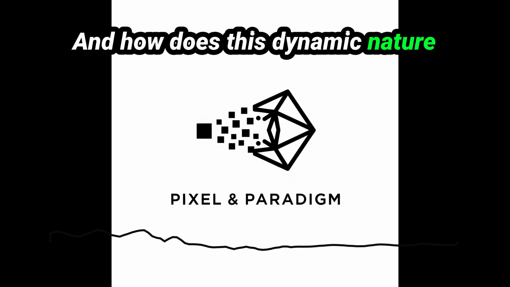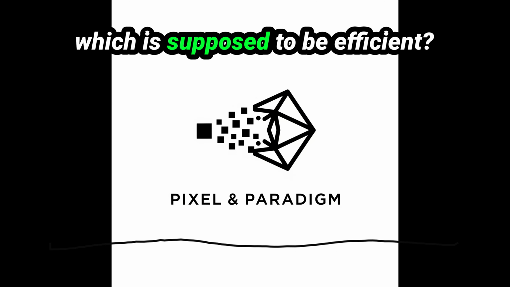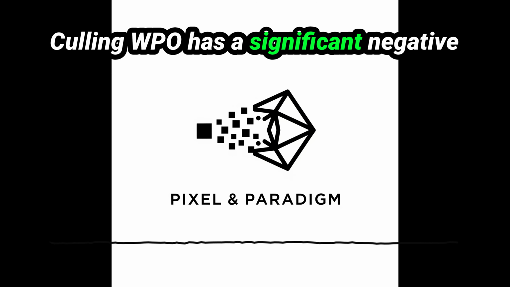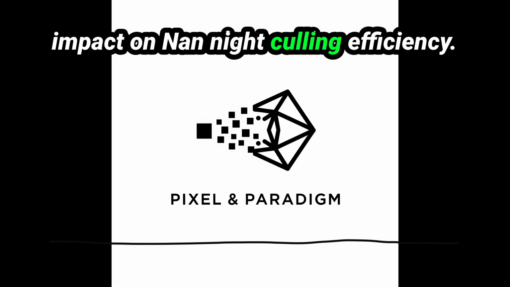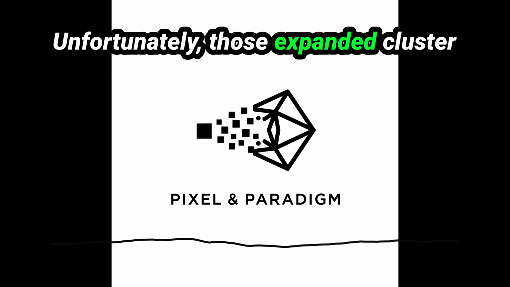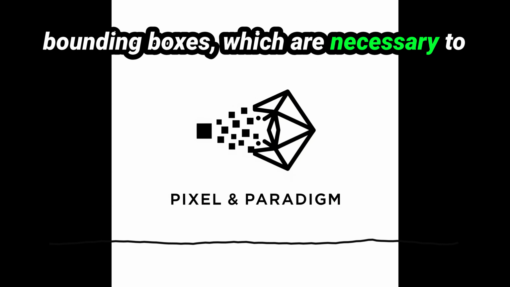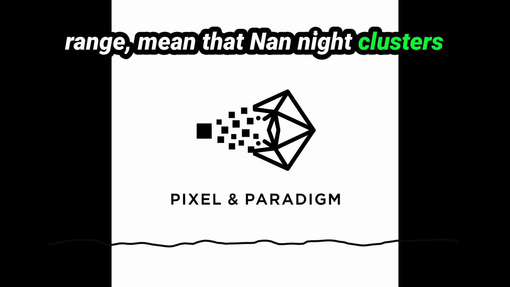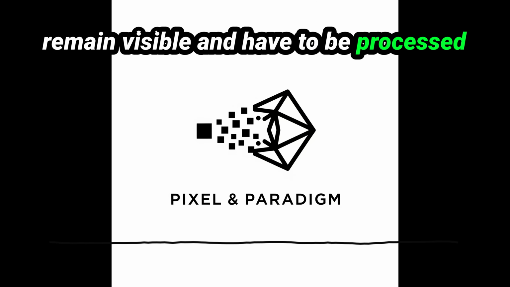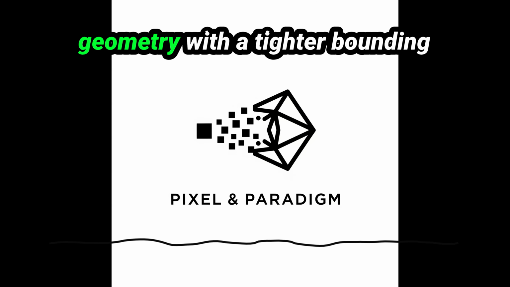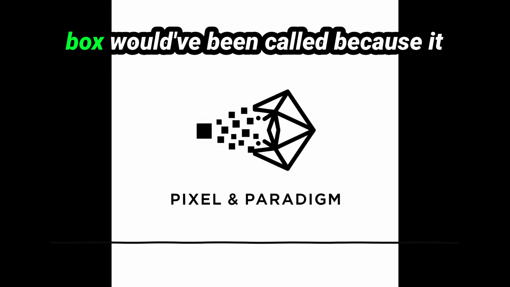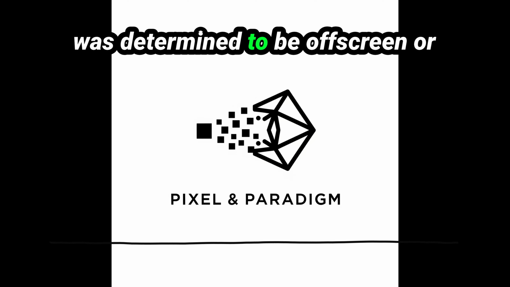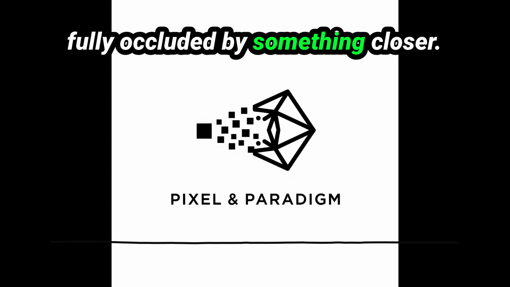And how does this dynamic nature affect Nanite's core strength, which is supposed to be efficient culling? WPO has a significant negative impact on Nanite culling efficiency, unfortunately. Those expanded cluster bounding boxes, which are necessary to cover the potential WPO displacement range, mean that Nanite clusters remain visible and have to be processed even when a static version of the same geometry with a tighter bounding box would have been culled because it was determined to be off-screen or fully occluded by something closer.